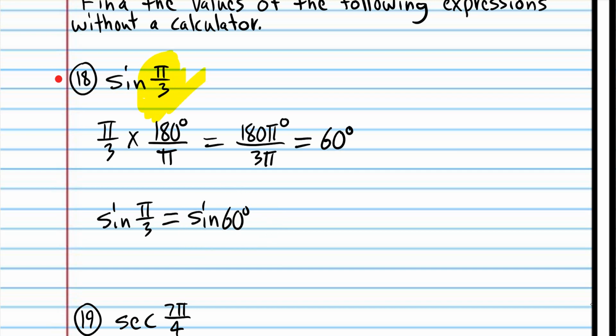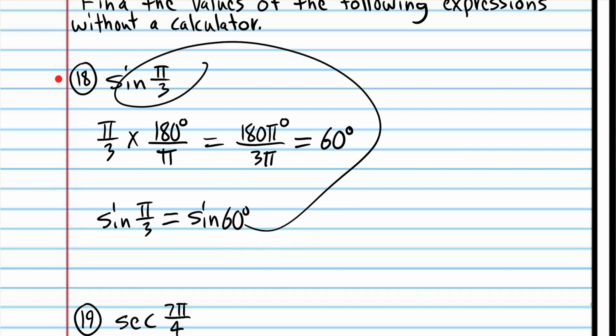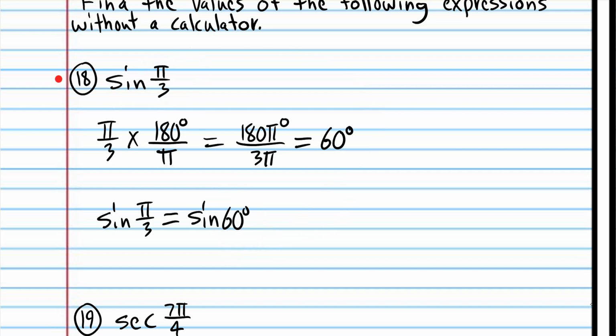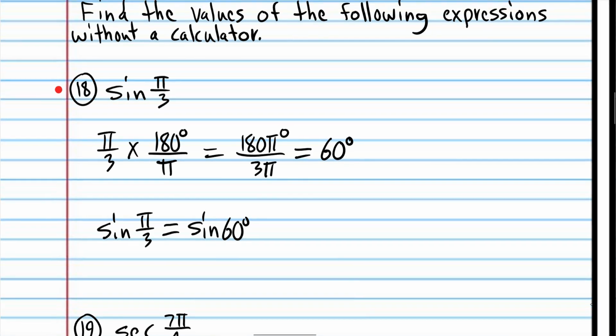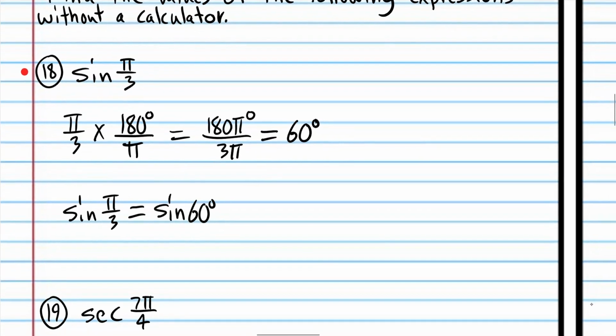Now as time goes by, you're going to understand what the different radian measures look like, so it's going to be easier and easier. You won't have to convert to degrees when you become familiar with radians. But for now, it's probably best to just convert to degrees so we can determine the value of the ratio.